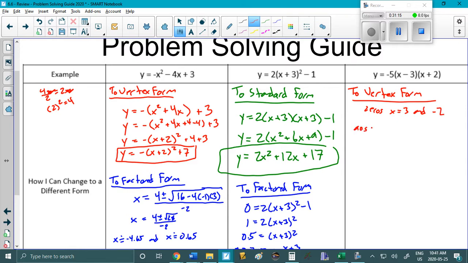So the axis of symmetry is going to be 3 minus 2 over 2. 3 minus 2 is 1, divided by 2 is 0.5. And then the y value of the vertex is going to be negative 5. And then we sub in the axis of symmetry.